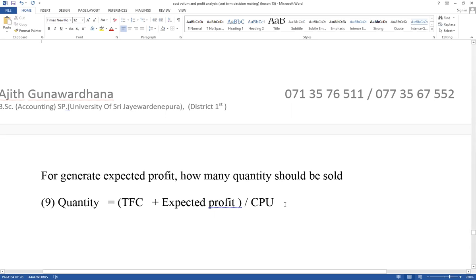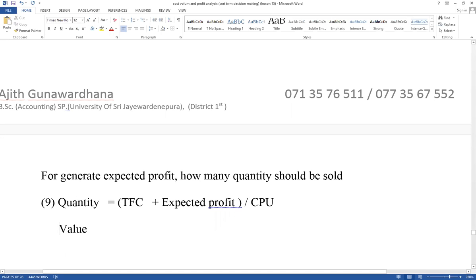If they ask quantity, total fixed cost plus expected profit divided by contribution per unit. But if they ask value, equal, think about it: to generate expected profit, if they ask quantity, එකනේ රුපියල් quantity කීයක් විකුණවුවොත්ද මෙච්චර profit එකක් එන්නේ.